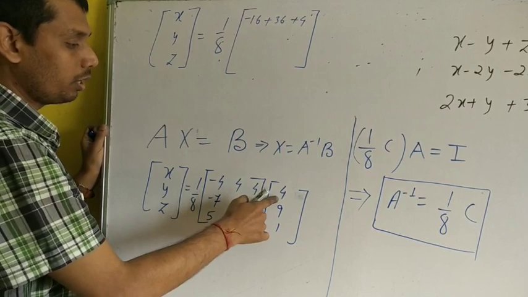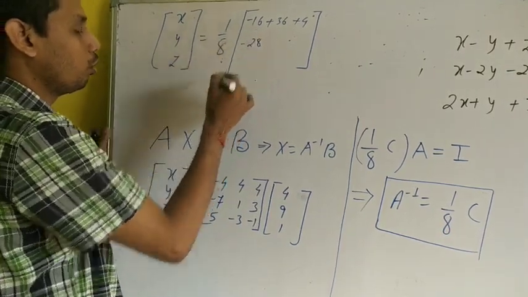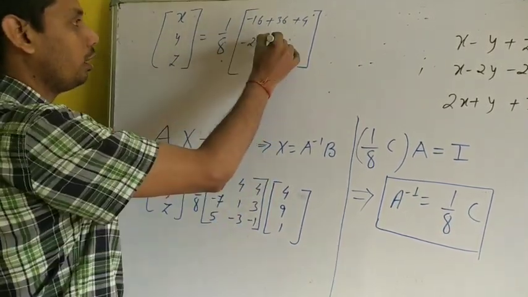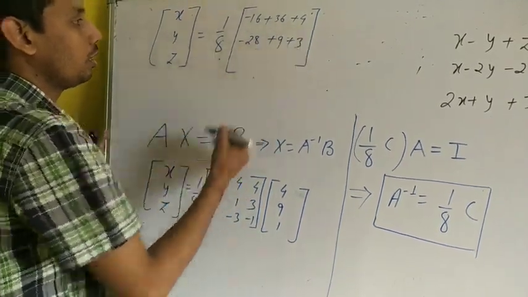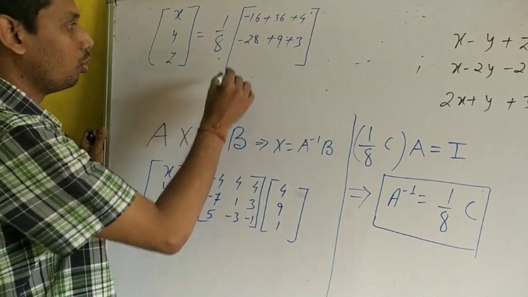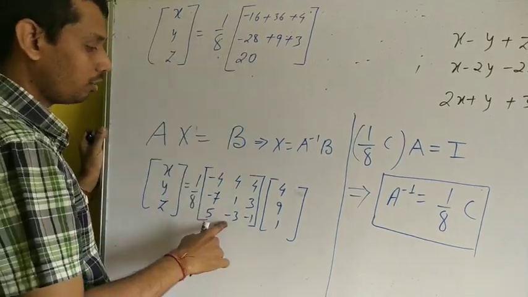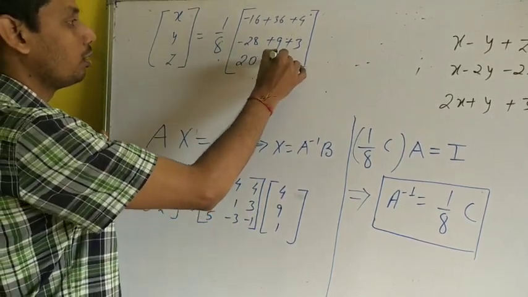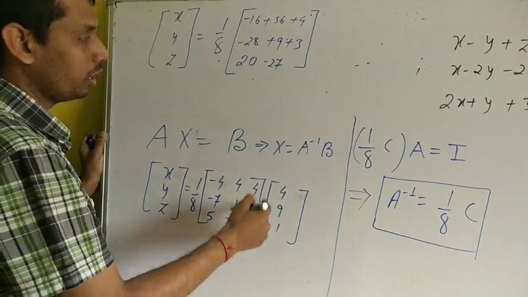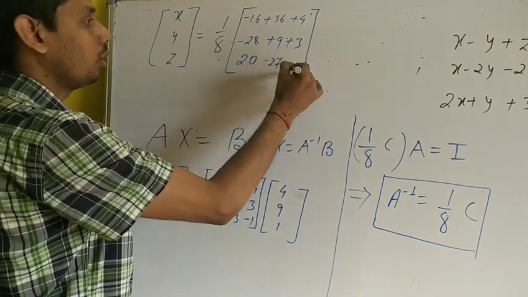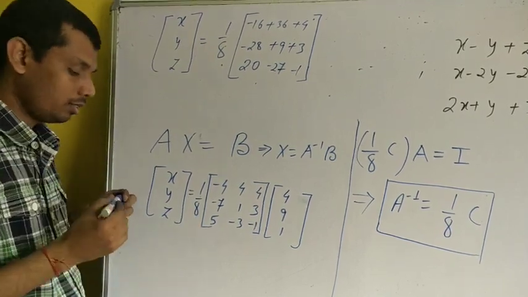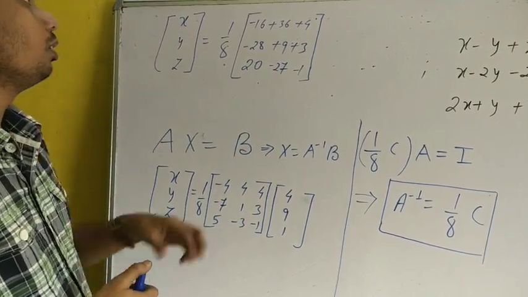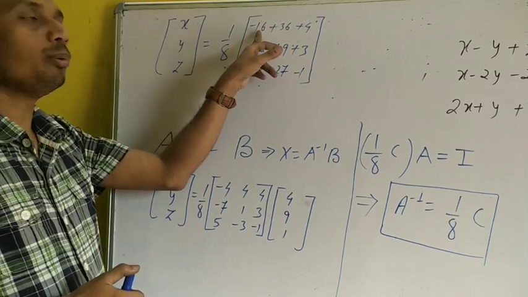Okay, minus 7 into 4, minus 28, 1 into 9, this is 9, and 3 into 1, this is 3. Now 5 into 4, 20, minus 3 into 9, minus 27, minus 1 into 1, this is minus 1. Okay, now let us simplify this. Now 36 minus 16 will be equal to what?